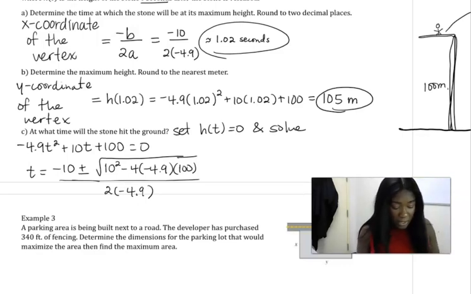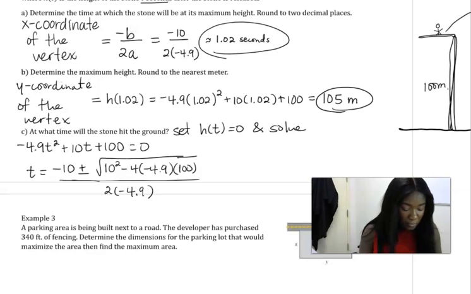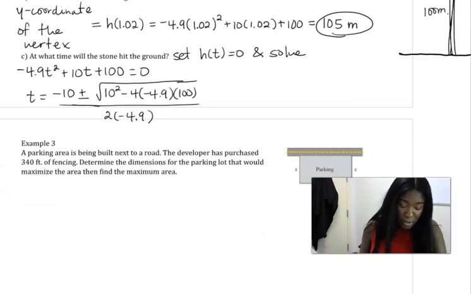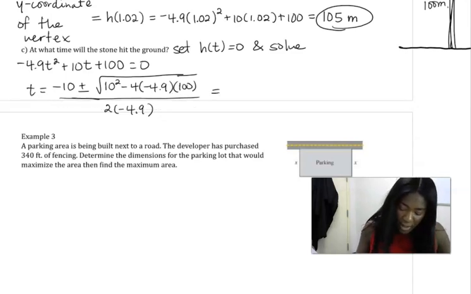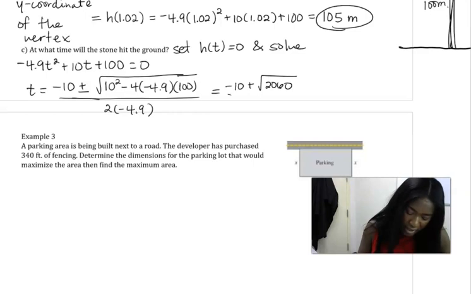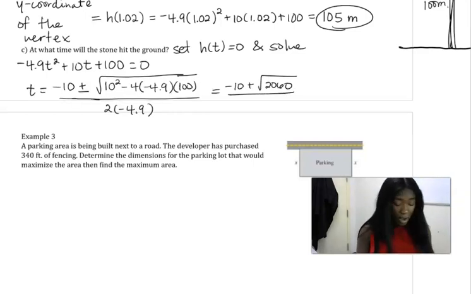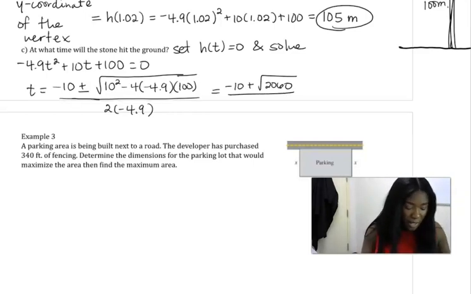I'm going to go ahead and see what that number is under the square root. So I have 10 squared minus 4 times negative 4.9 times 100, which gives me that the number under the square root is 2060. So we have negative 10 plus the square root of 2060, all divided by, in the denominator, 2 times negative 4.9, which is a negative 9.8.